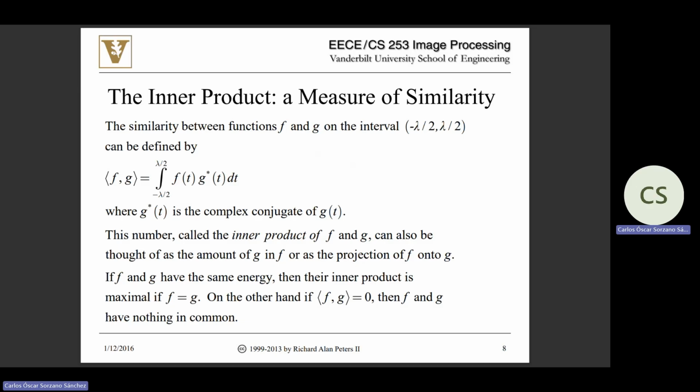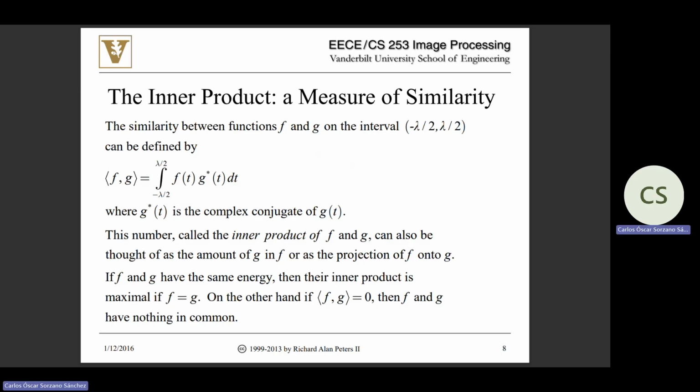The inner product between the function f and the function g is f times g complex conjugate, and you have to integrate, if both are periodic, over the period, so from minus lambda half to lambda half. It doesn't matter if it is minus lambda half to lambda half or 0 to lambda, as long as it is a full period, you will get the same product.